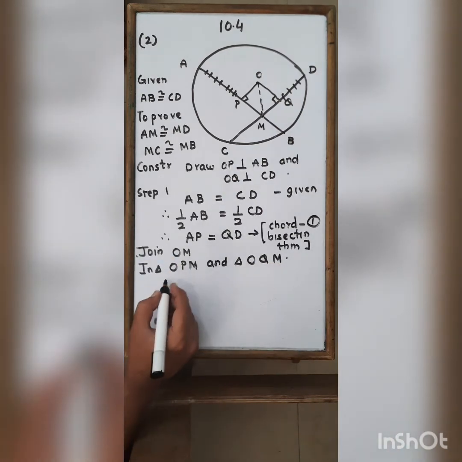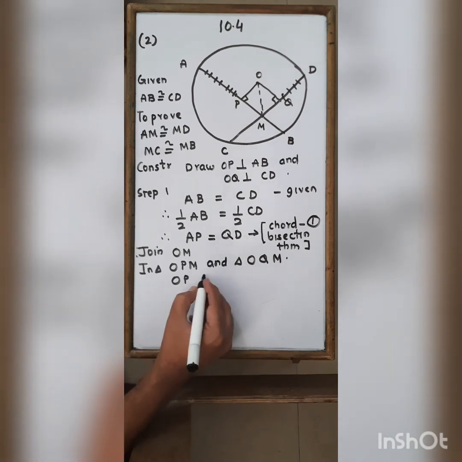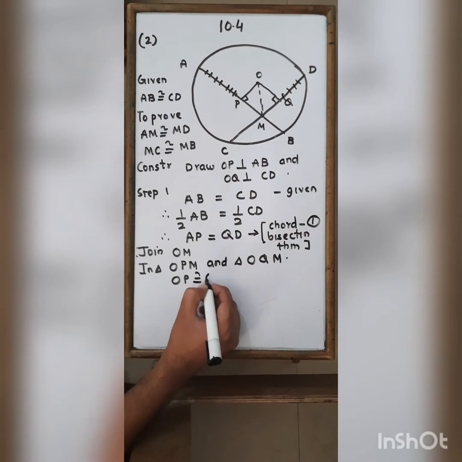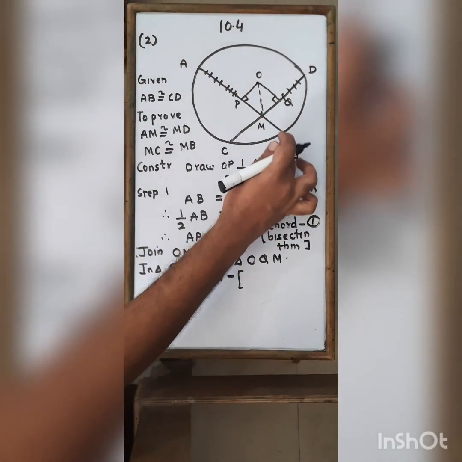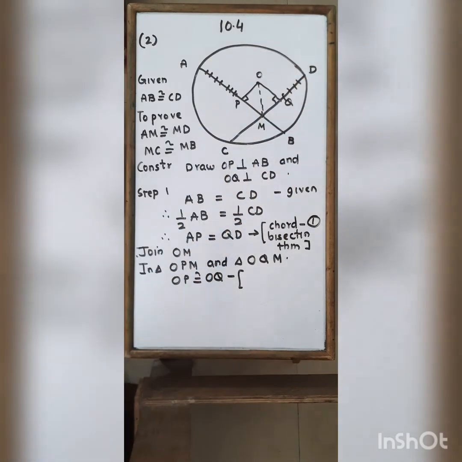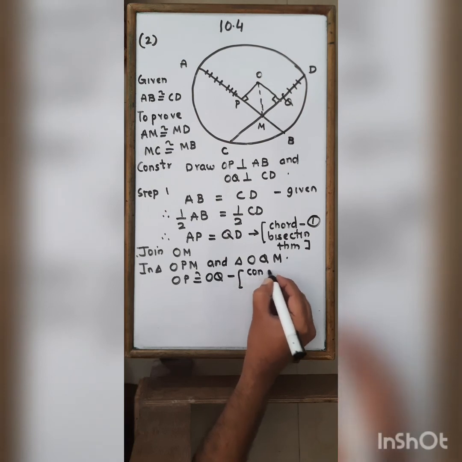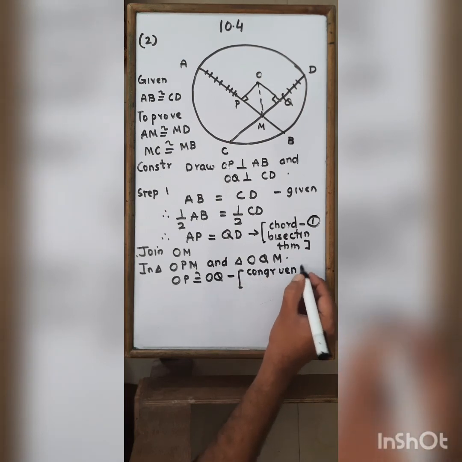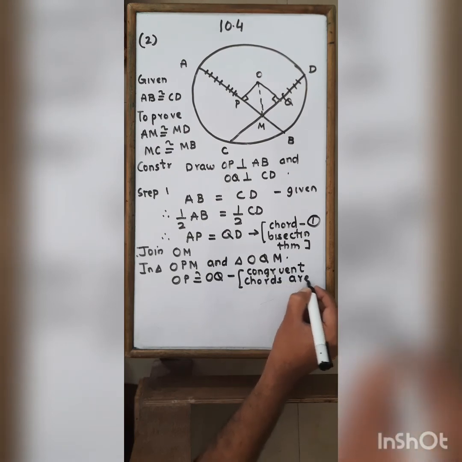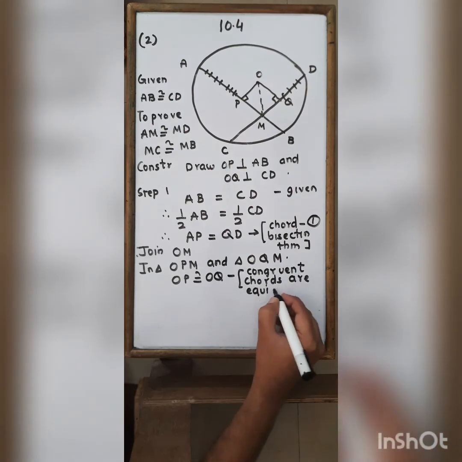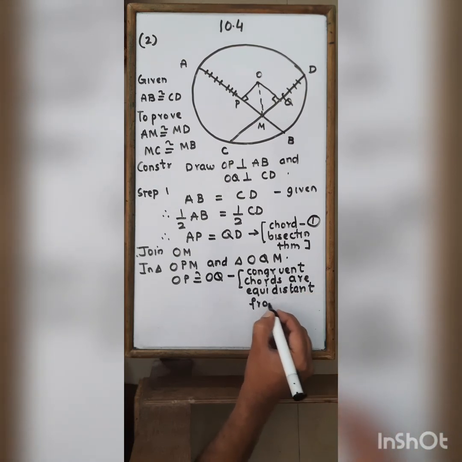can I say OP is congruent to OQ? Why? We had studied the properties. If two chords are equal, then their distance from the center is equal. So what you'll write: congruent chords are equidistant from center.